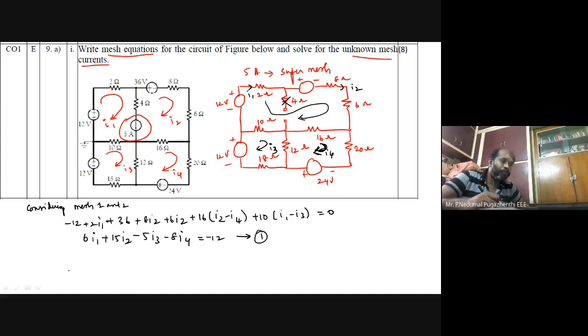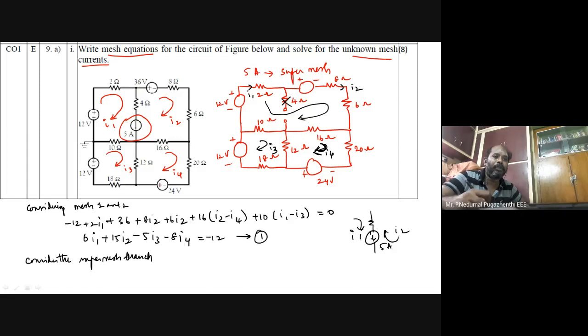Same way, if I consider the super mesh branch, how does it look? I1 is coming like this, I2 is coming like this, and the source value is 5 amperes. Based on the direction of the current flow, I will write I1 minus I2 is equal to 5.